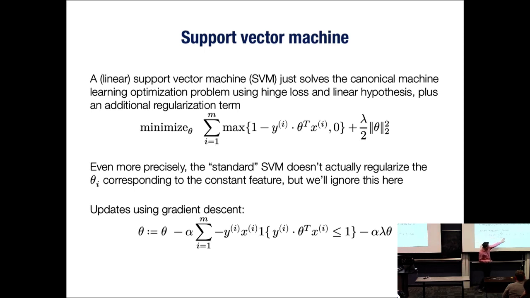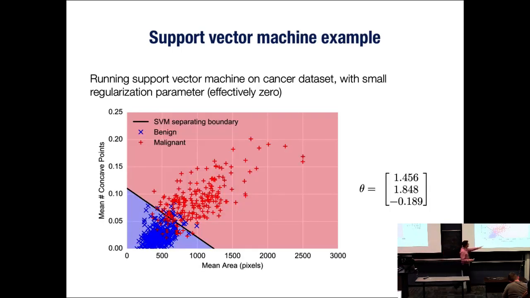So this, as I illustrated briefly last time, was the gradient of this objective function. And so by taking small steps in the gradient, we can actually find a good value of theta that gets low loss here. And if we plot the solution here, this is our breast cancer data set. So these are mean area of the cell and mean number of concave points of each cell.